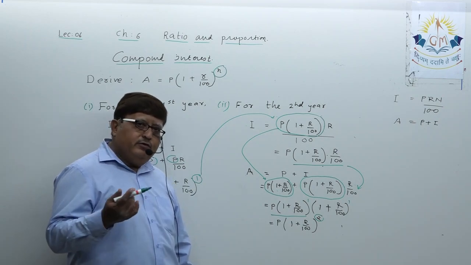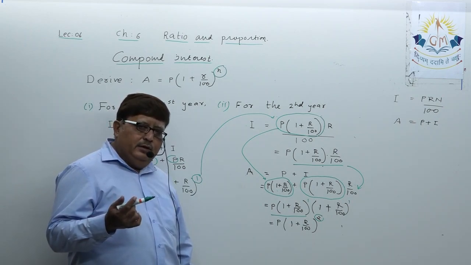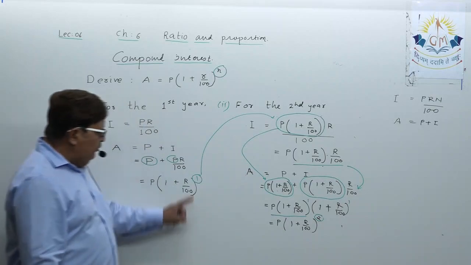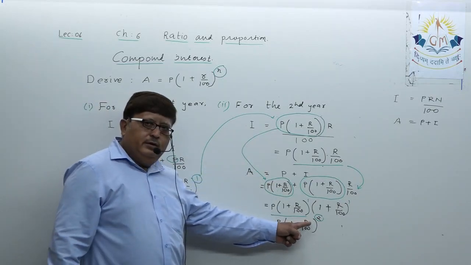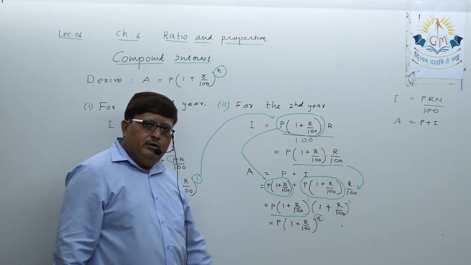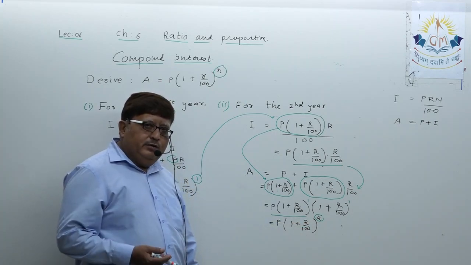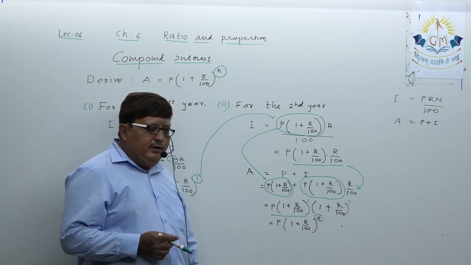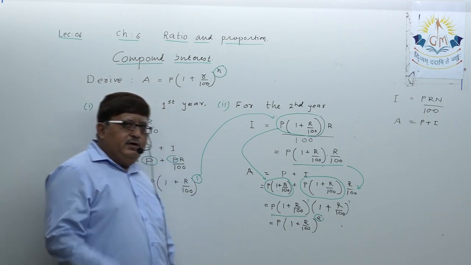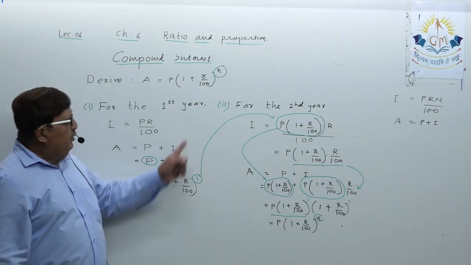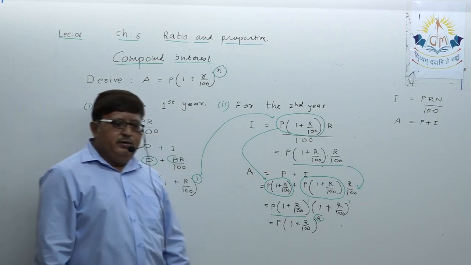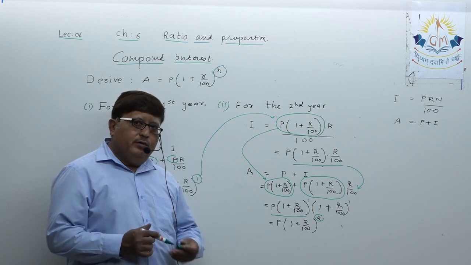So this way, dear student, the first year, here 1, second year, here 2, third year, it will be 3, fourth year, it will be 4. So to generalize the formula, P into 1 plus R upon 100 raised to n.